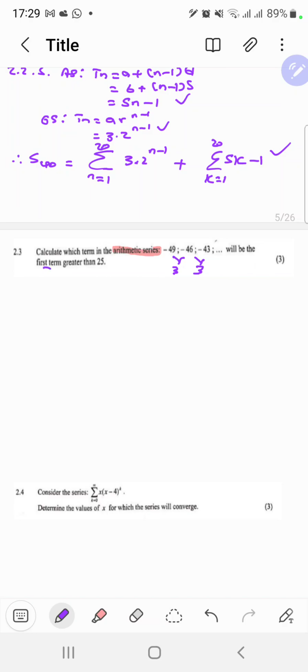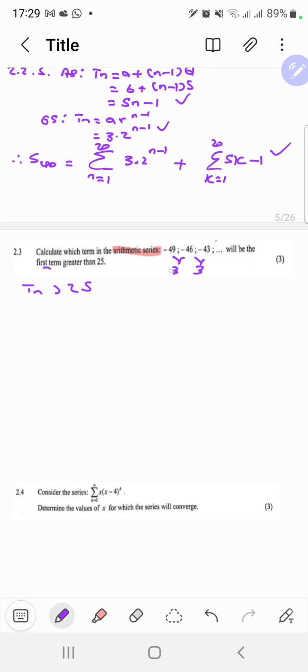And remember, that is the value. So which term? Remember, terms are natural numbers, so you can't take a decimal. So that is the idea. Okay, so we are saying here Tn, we want it to be greater than 25 in terms of value. Okay, so which term will be like that? Let's see.